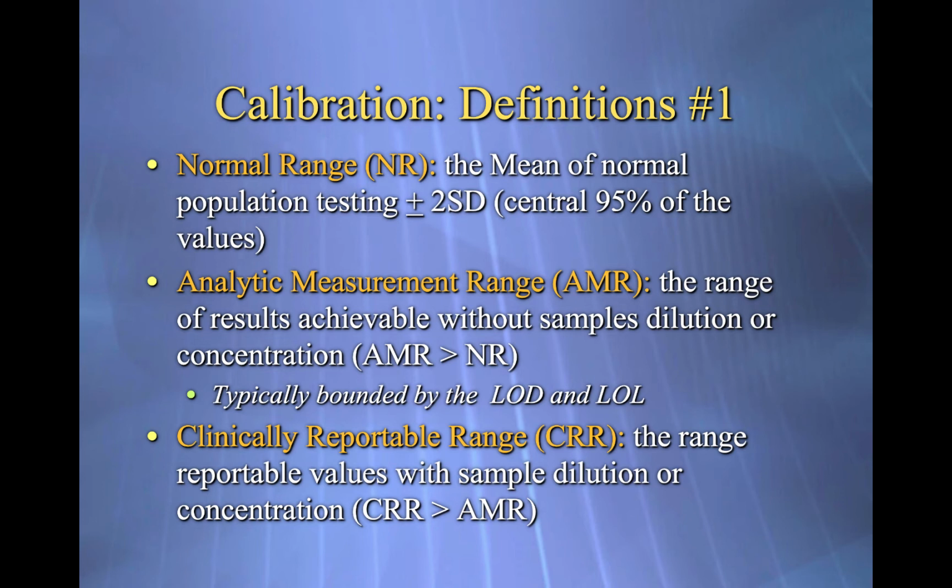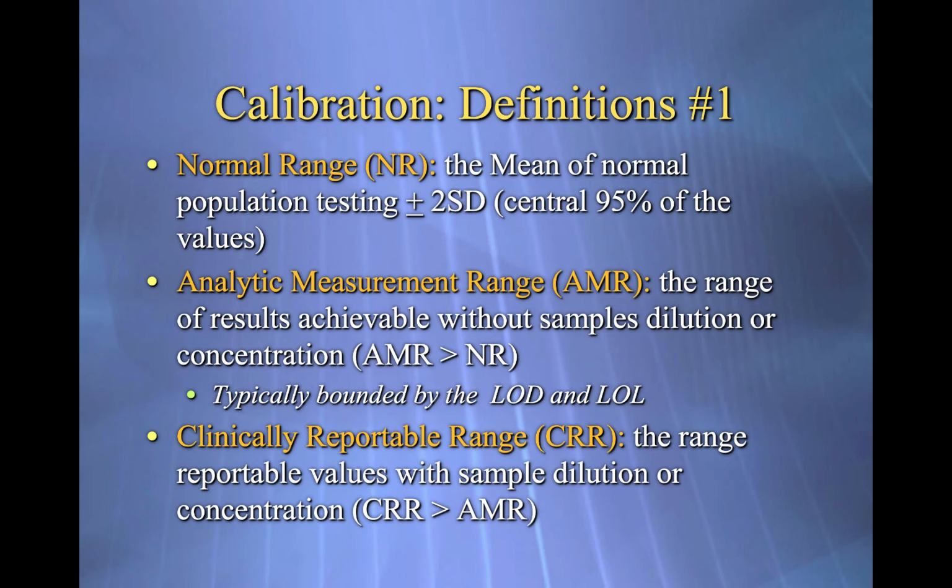Automatically, 2.5% on the low end and 2.5% on the high end of normals are going to be considered out of range. That's why very minor deviations from normal probably don't mean anything. We know there are normal people out there who run those levels, but we had to get a range. We took the central 95% confidence interval, and that's our normal range.